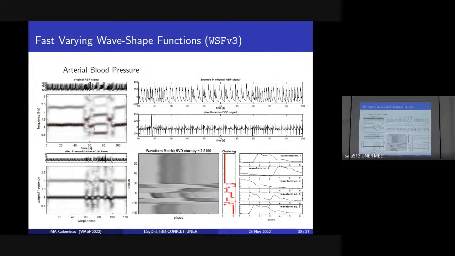Let's see some more challenging examples. Arterial blood pressure, with a simultaneous ECG record, and you can see an arrhythmia here, okay? You can see a double beat, then double beat. No, see? Ta-ta, ta-ta, ta-ta.